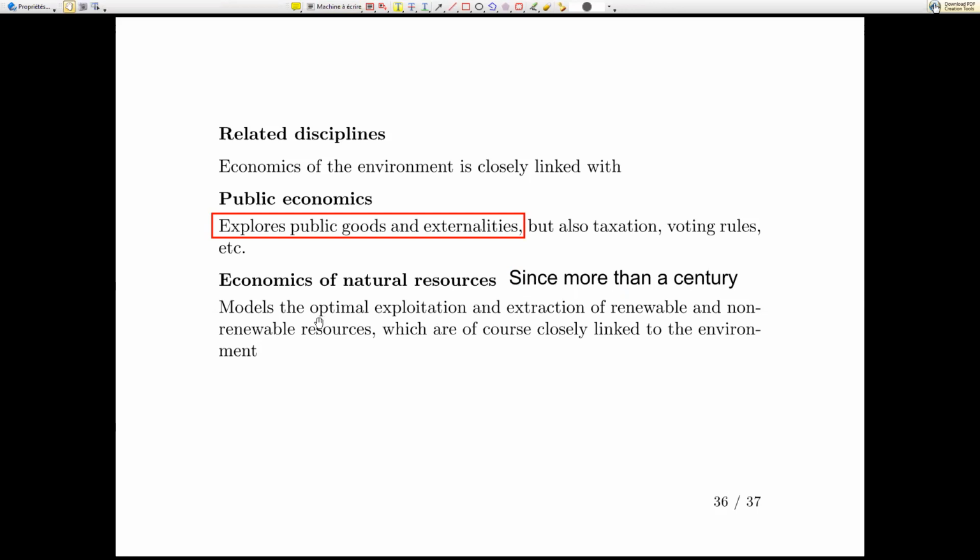So it models the optimal exploitation and extraction of renewable resources and non-renewable resources.